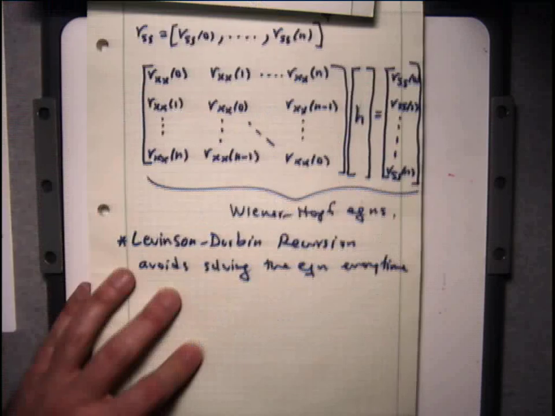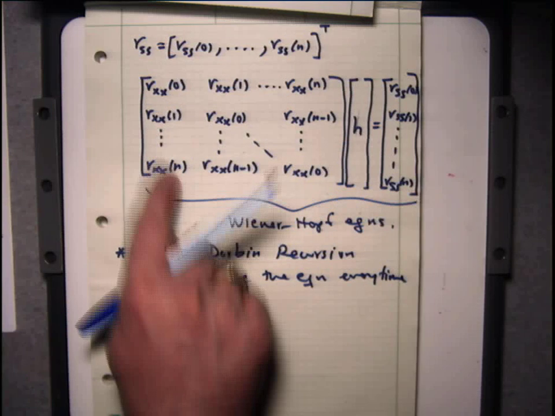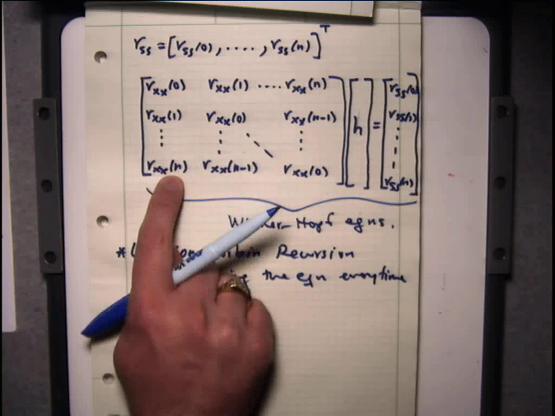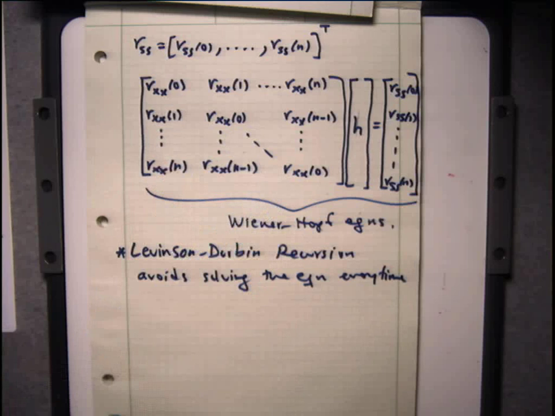All right, so now let's take a look at what happens if, in fact, this n is infinitely long. Let's assume that the data is infinitely long. So you have data going from minus infinity to infinity, and you've got one point of the signal that you're trying to estimate.